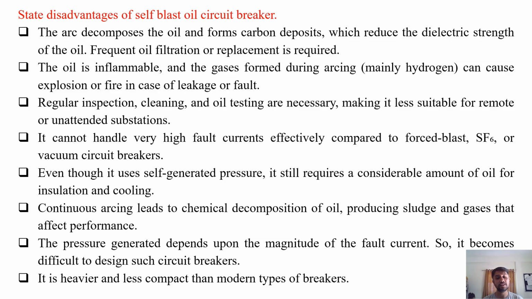Continuous arcing leads to chemical decomposition of oil, producing sludge and gases that affect its performance. The pressure generated depends upon the magnitude of the fault current, so it becomes very difficult to design such breakers. It is heavier and less compact than modern circuit breakers that we are using. So these are several disadvantages of self-blast oil circuit breaker.